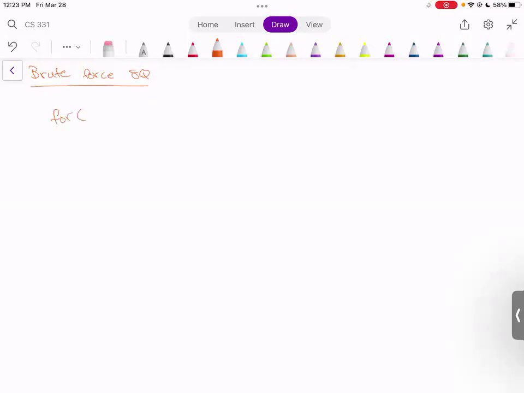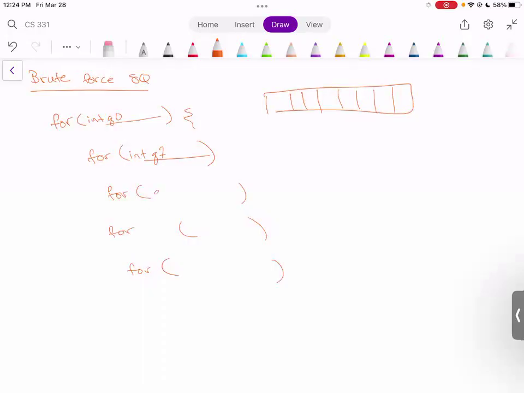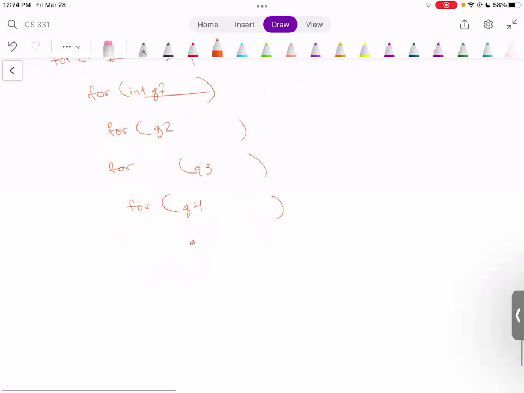You have 8 for loops, because this array has 0, 1, 2, 3, 4, 5, 6, let's pretend that's 8. I think he says int q0, int q1, then Q2, Q3, Q4, and it goes up until Q7.